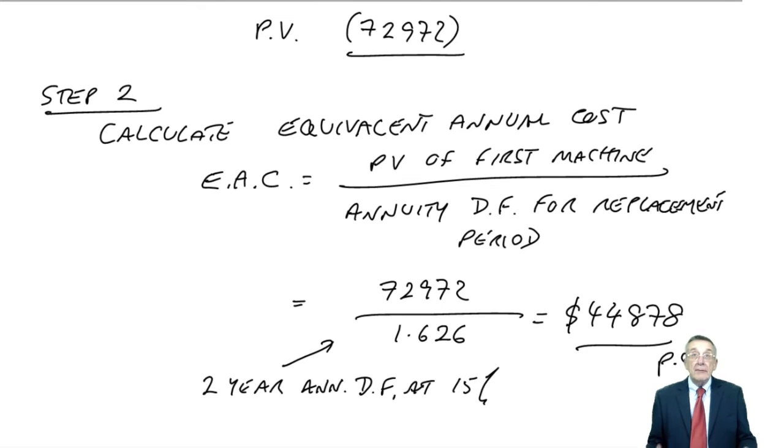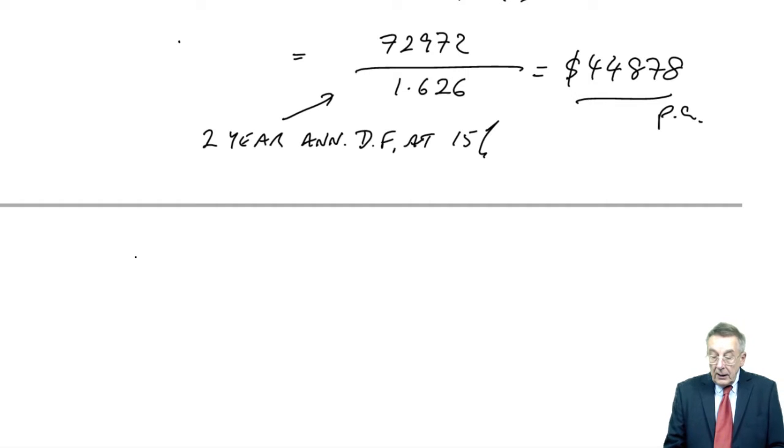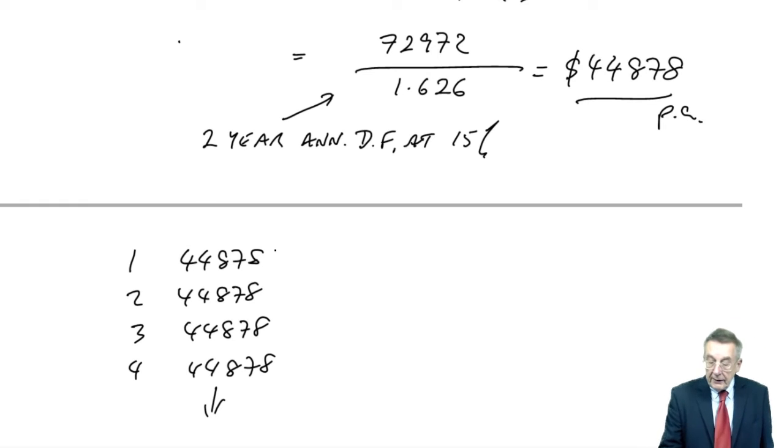Now, although in the middle of an exam you obviously just do it, just for a second, let me explain why. You see, I'm now saying it's like paying out 44,878 every year forever. Well, if you look at the first two, 44,878 a year for 2 years is a little annuity. And the present value of those, you'd multiply by the 2-year annuity factor.